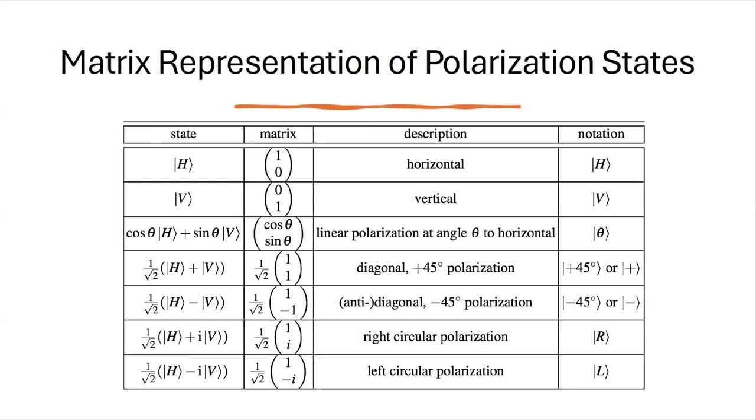Your device may prefer to work with, for instance, right and left circular polarizations, and all these different polarizations can be mapped back to the horizontal and vertical basis as well. So you get a basis transformation, but you don't have to work within the canonical basis.